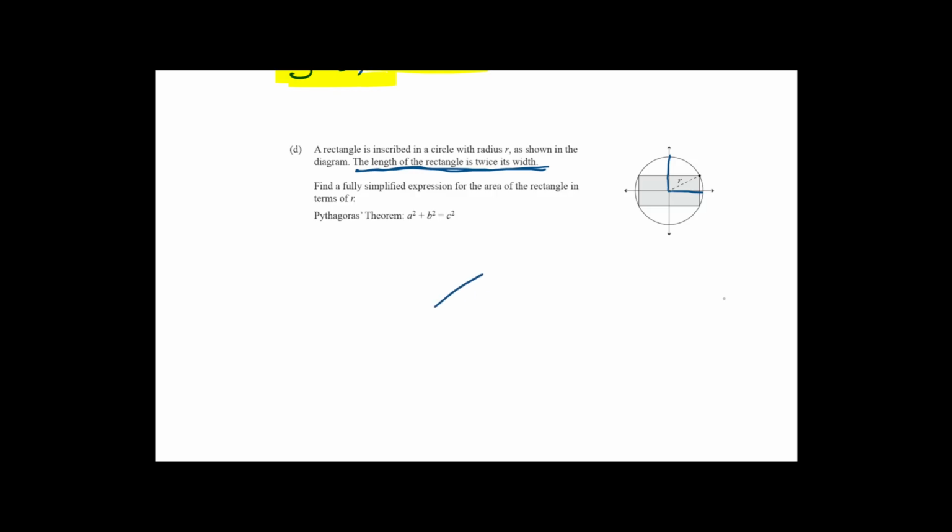So it's a right angle triangle. So that side is r. That's the right angle triangle, and this is along the x-axis. So let's call this x, and then we know that this side here is half that, so we're going to call it half x. All right.